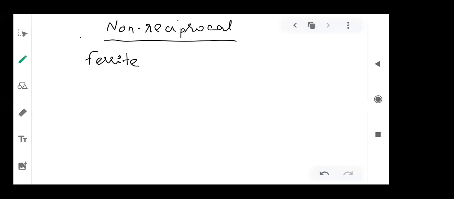Now we'll discuss the ferrite material, and if time permits we will continue, otherwise we'll stop. So you can see that ferrite material. To understand the behavior of the ferrite material, we'll not discuss the details, but those who are interested can refer to David M. Pozar, I think the 12th chapter.